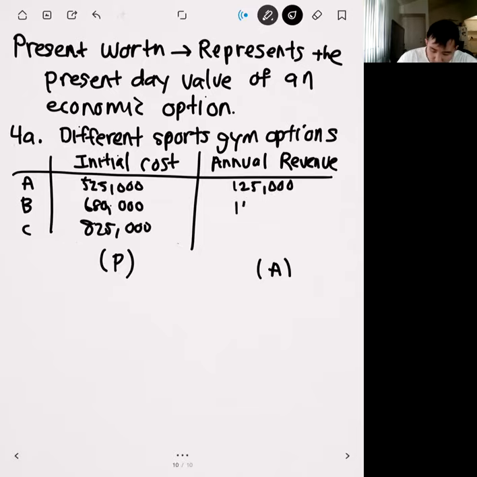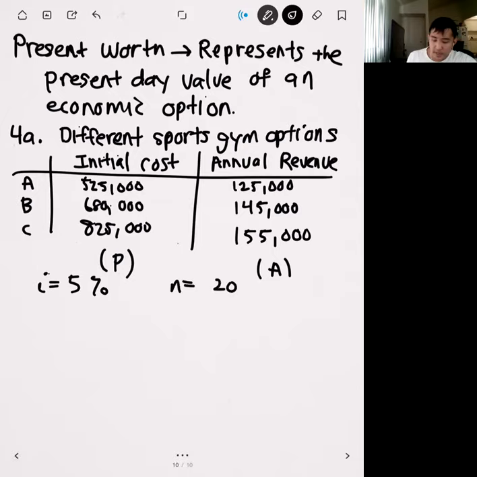Option B will be $145,000. And option C will be $155,000. Okay. And so if we assume an interest rate of 5%, and then we have an analysis period of 20 years. Okay, all of these guys are 20 years. Okay, and so we want to determine which is the best option to go with.